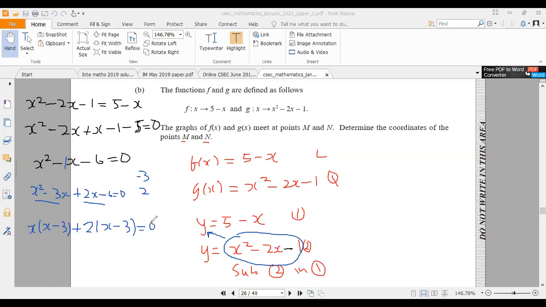Sure, it says x plus 2 and x minus 3. So we get x plus 2 times x minus 3 equals 0. All right, I want to find the value of x, right? So how do I find the value of x here?